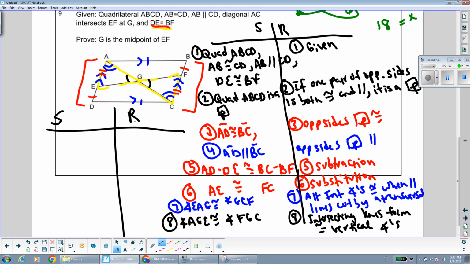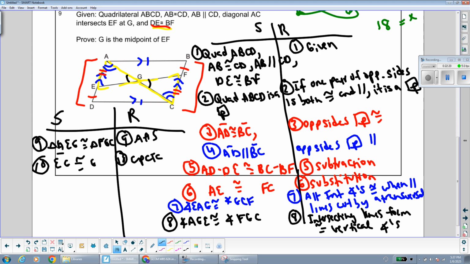And then I'm going to continue over here. That's everything we need to say triangle AEG is congruent to triangle FGC. And that is due to angle angle side. And then we can use CPCTC to get EG congruent to GF.